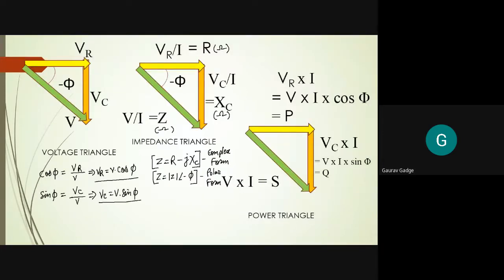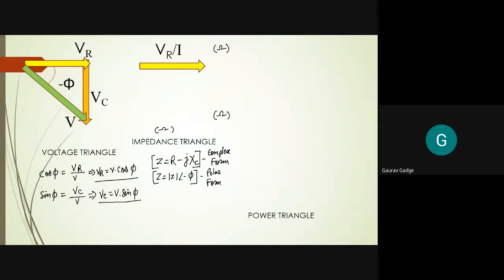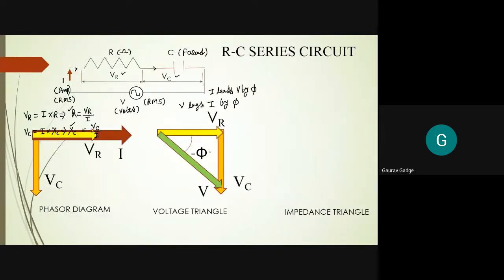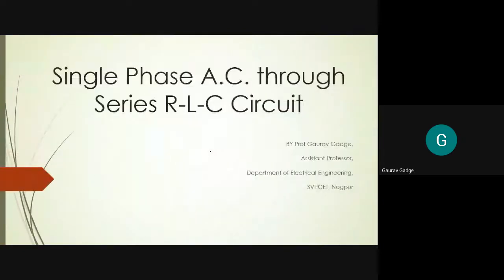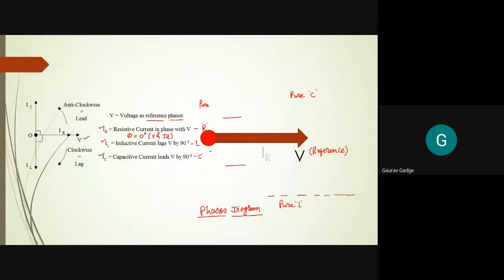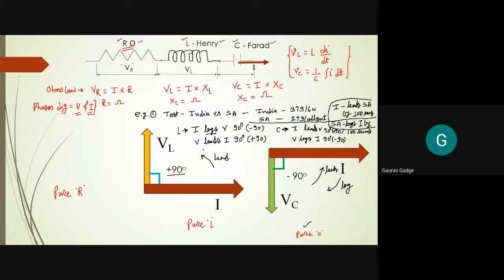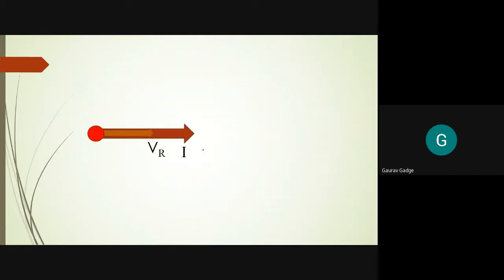If I just take the help of this particular phasor diagram, when current is in phase with voltage, we have VL, VC.